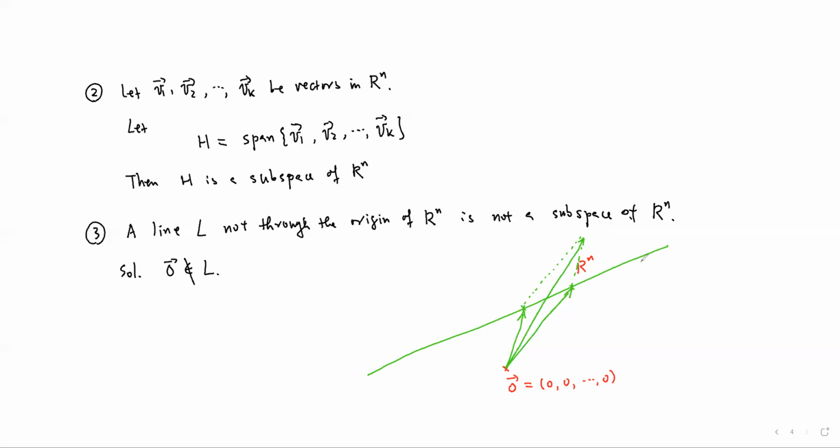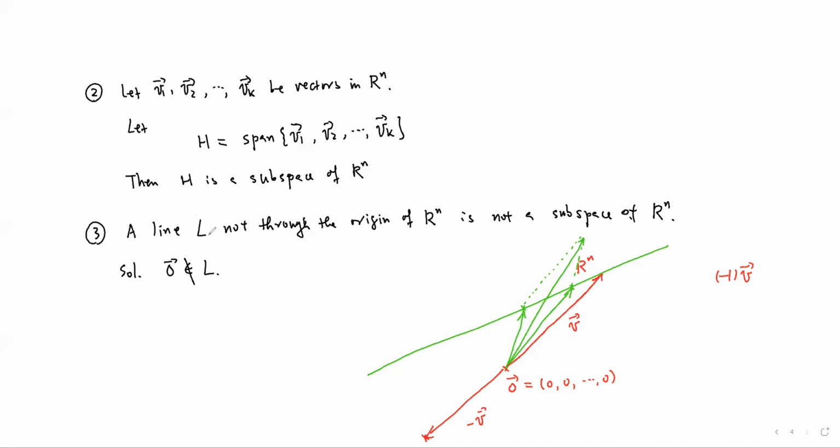And also this L is not closed under scalar multiplication. Easy to see that. Say, pick a vector on the line and pick a scalar. Let me denote this vector by v. A scalar, say for example, -1 times v. This vector is not on the line. This vector is -v. Yeah, this point is not on the line.